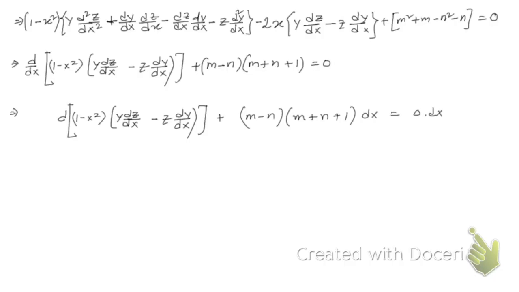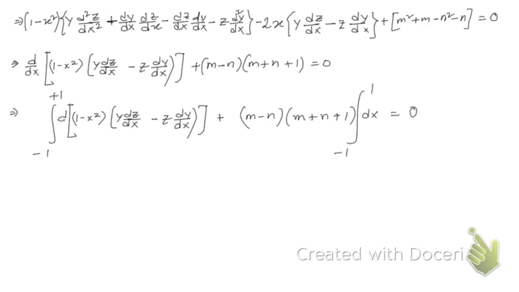So that's going to be 0 simply. So if you integrate it from -1 to +1, m and these are constants, so we can write them outside the integral.